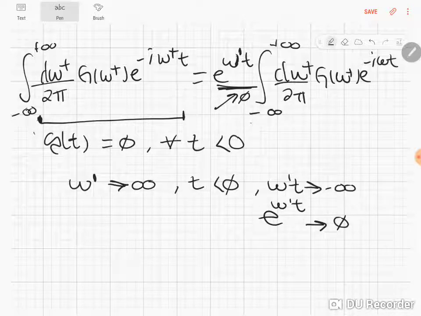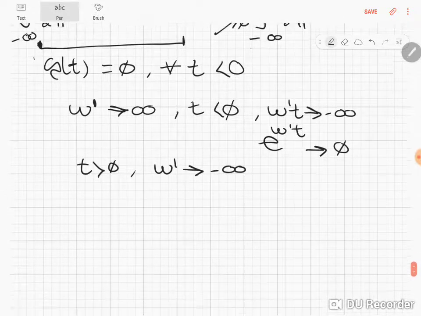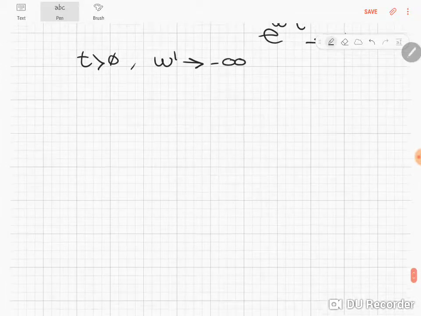This is what we have to impose. If we impose that, then that factor there is going to be 0. Now, for when t is greater than 0, for this factor to be 0, omega prime has to tend to minus infinity. This gives us an idea of what we have to use to calculate that integral.